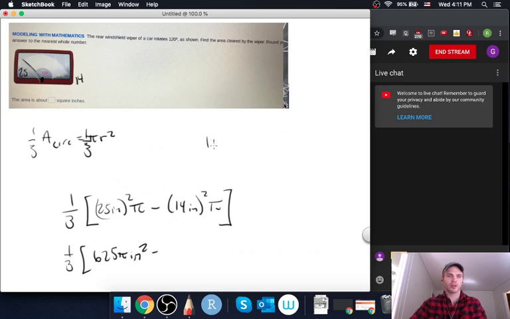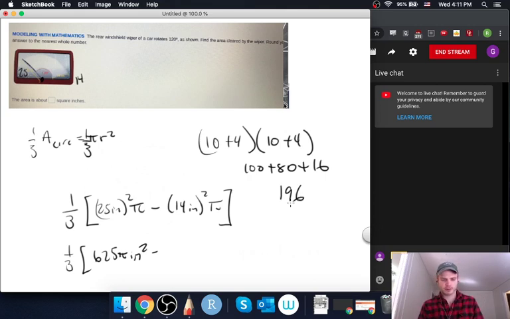So this is 10 plus 4 times 10 plus 4, which is 100 plus 80 plus 16. So 196. Let me check that. Yeah, all right, good to go. Minus 196 pi inches squared. Okay, 625 minus 196 is 421. So this is 1/3 times 421 pi inches squared.